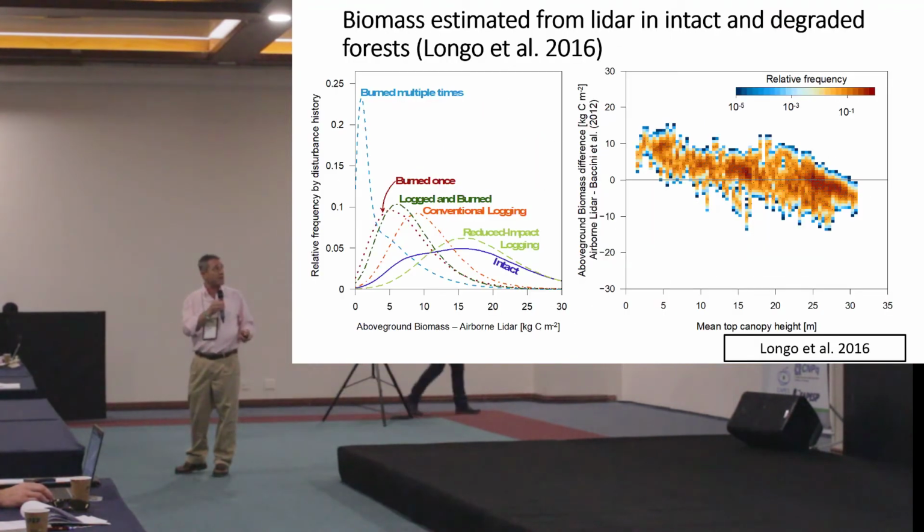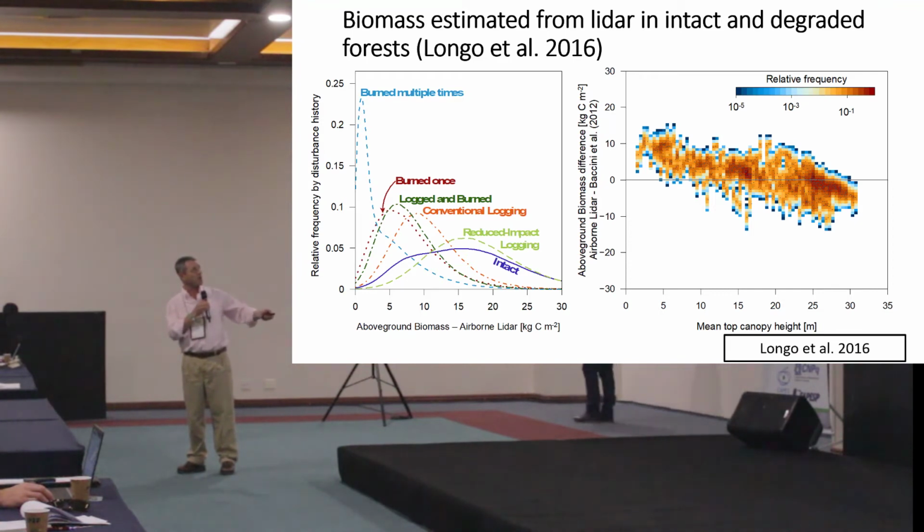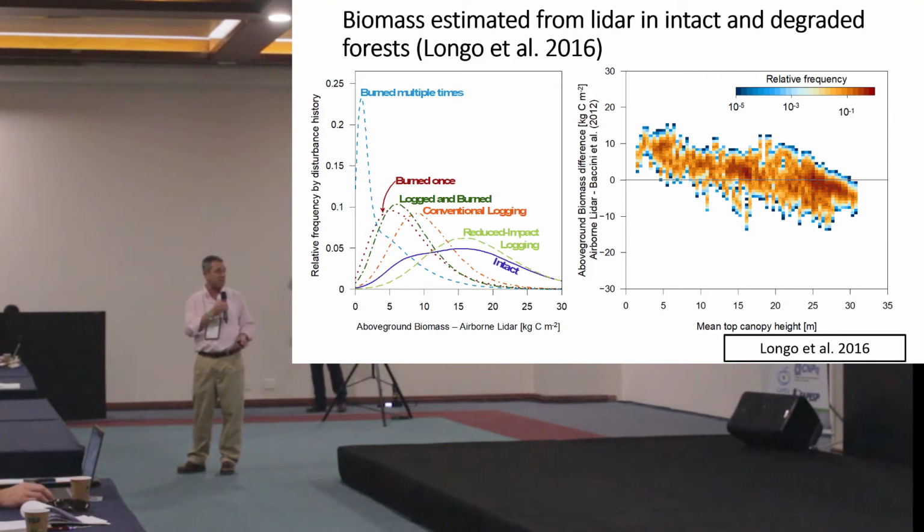So we went on from there, and we compared the data that we had from dozens of sites. We looked at the different distributions of biomass for different degrees of degradation, from intact and reduced impact logged forest to heavily burned forest, and these were the distributions of biomass that we found.